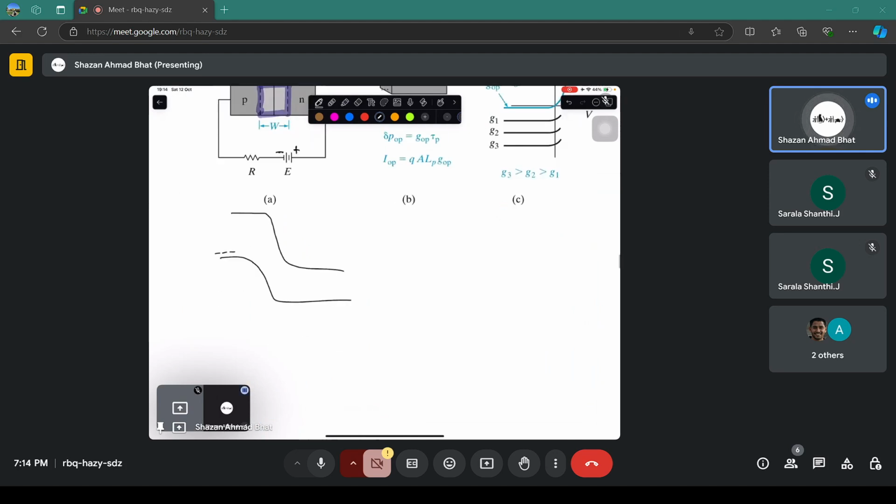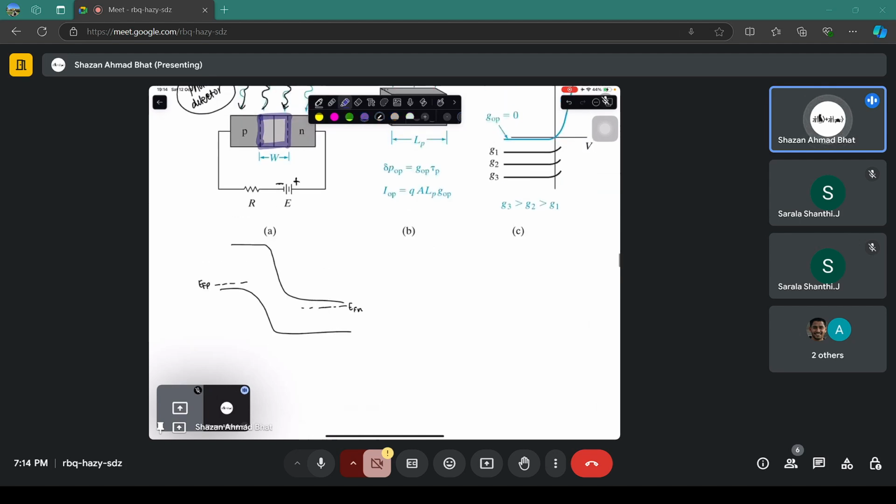You have a very huge difference between the quasi-Fermi level on the N side and the quasi-Fermi level on the P side, and you have a huge barrier here. And this huge barrier ensures that if somehow electron hole pairs are generated here, they will rush down the slope. This will go here. And because of it, there will be current flow.